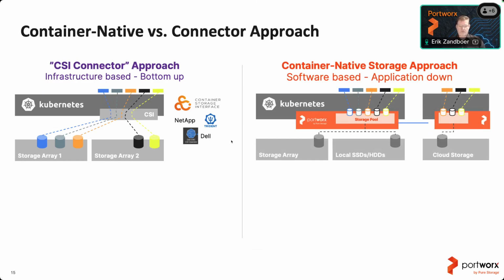So instead of having a storage layer in the storage array, using all of that data services from the storage array, we've turned it around. We are now saying, let's build a software-defined storage layer inside Kubernetes, and then go down to the storage array, or go down to local disk, or go down to cloud storage, basically any block device, in order to use that to construct a pool of storage, and then we carve PVs out of there.